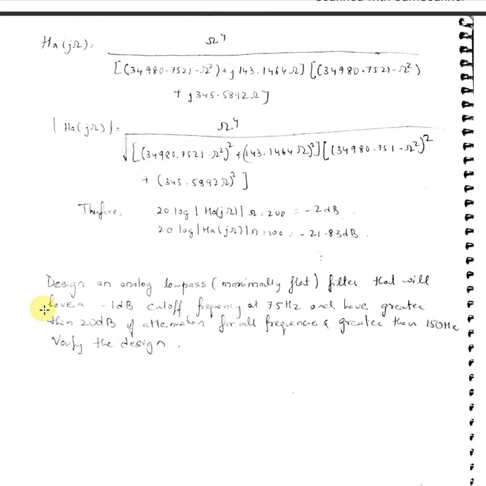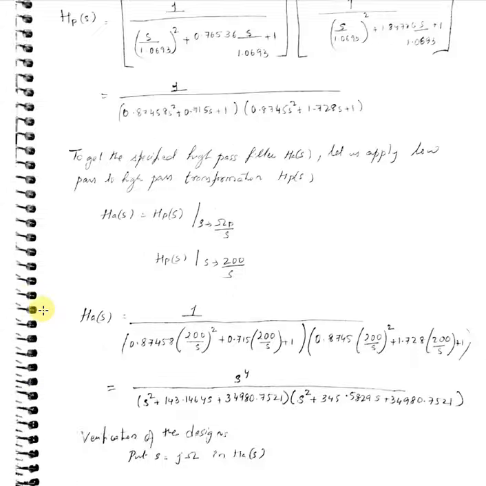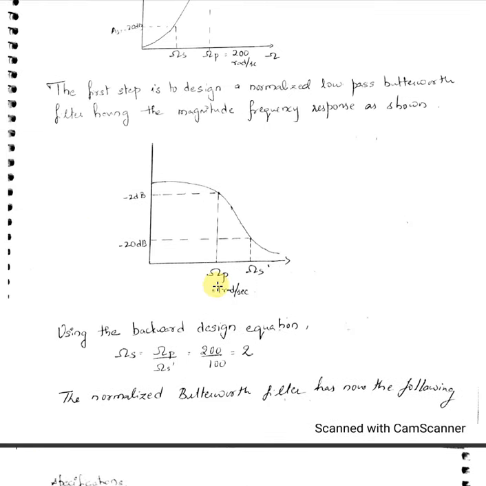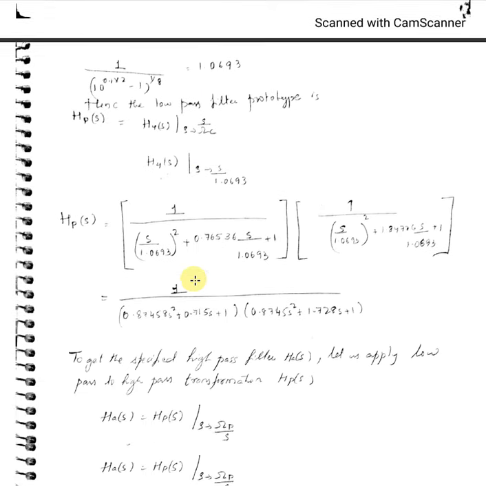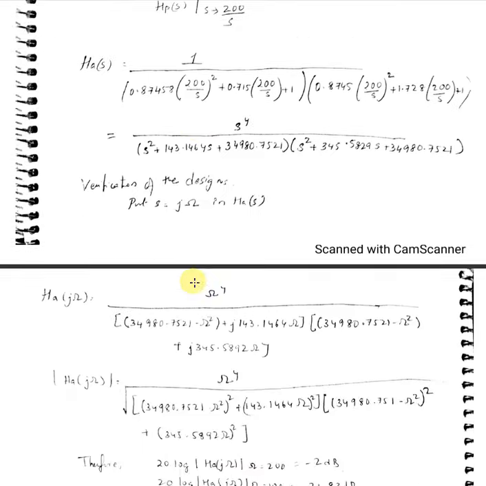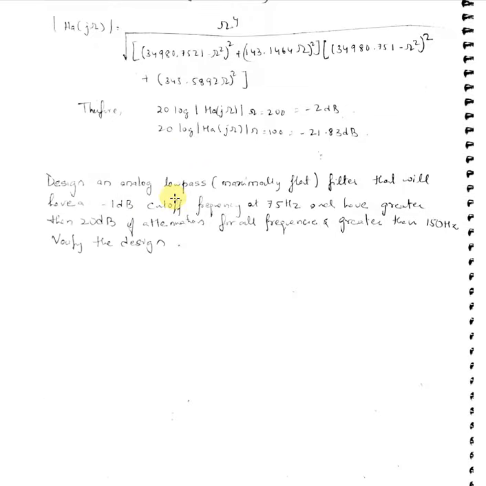If you remember, I had told you omega p, omega s, and we consider omega c as that particular frequency till where we assume that it allows the frequencies to pass through. Beyond that it stops. So on the x-axis you will have your 75 first and 150 Hertz after that, with 1 dB at 75 and greater than 20 dB for the attenuation.